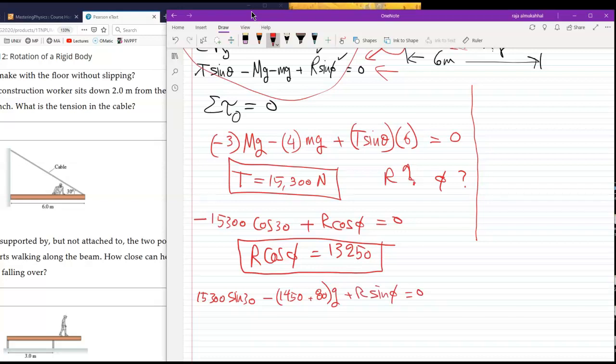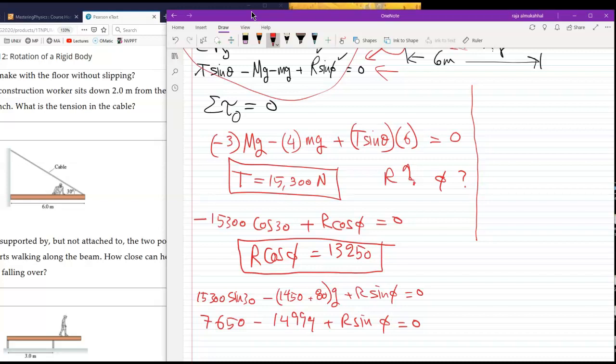So I have here the first one, 15,300 times 0.5. Answer, I get here to be 7,650 minus 1,450 plus 80 times 9.8. Answer 14,994 plus R sine phi equals 0.